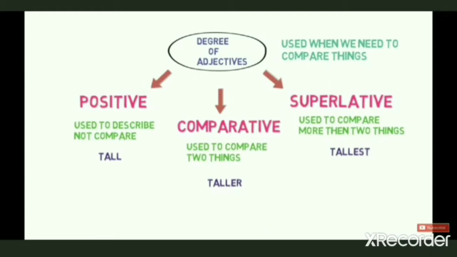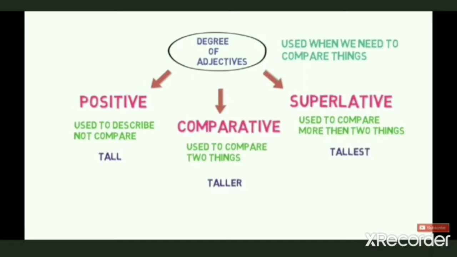We use the positive degree only to describe a thing, but not to compare it. The comparative degree is used to compare 2 things. Next, the superlative degree is used when we need to compare more than 2 things.